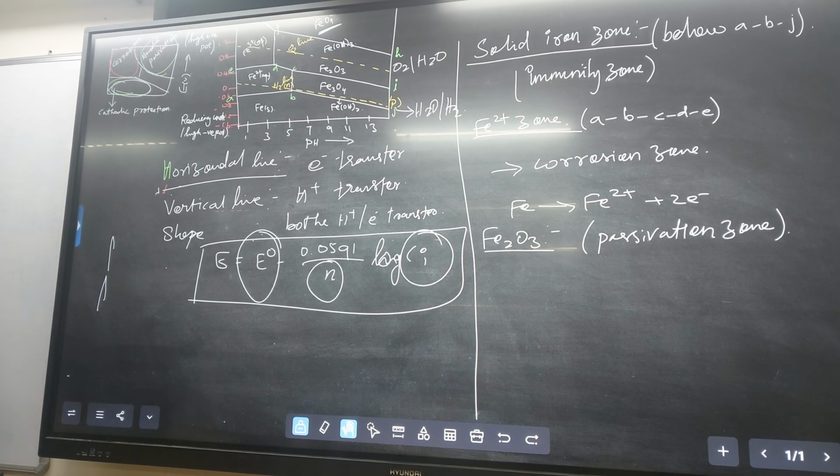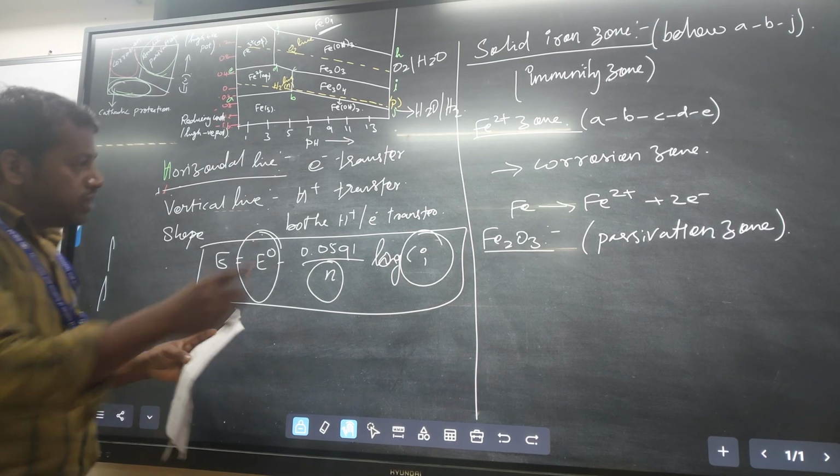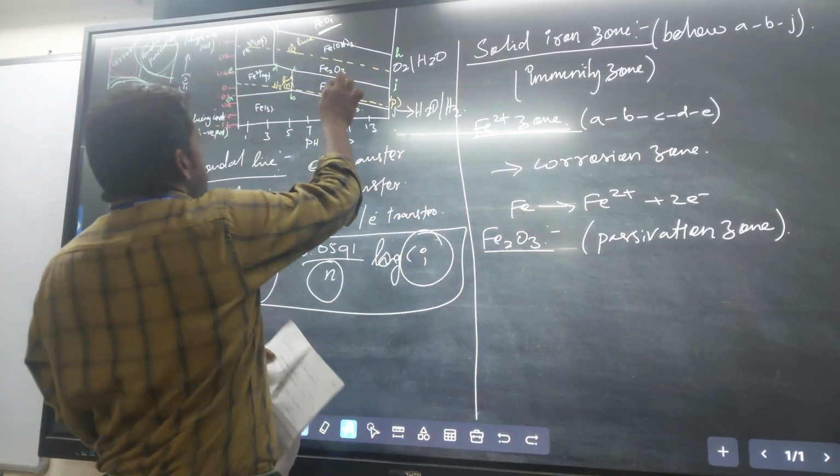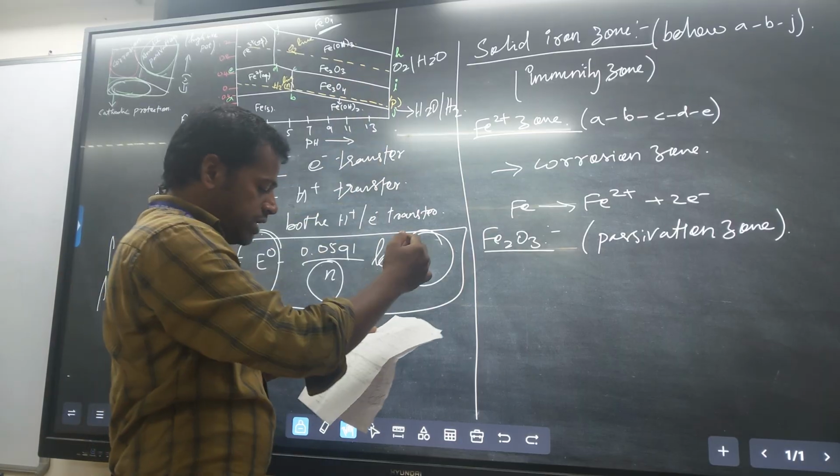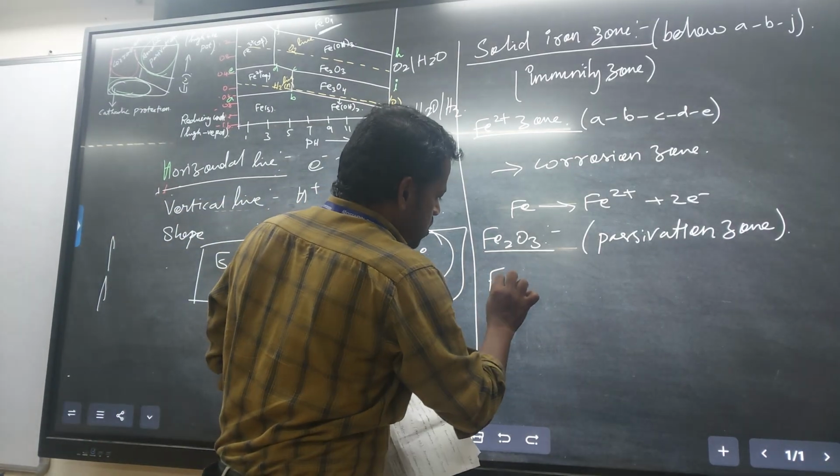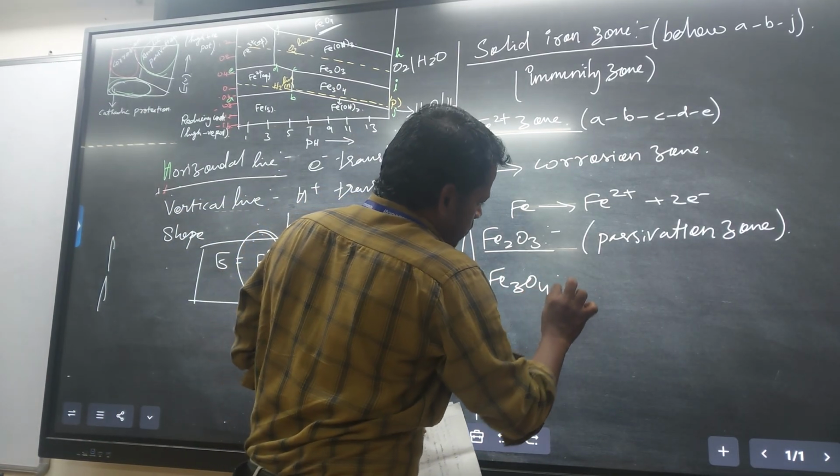This is an important question because definitely they ask the question either in the university exam or else the CT2 exam or both. Next, this is the passivation zone, the Fe2O3 zone, and the next is the Fe3O4 zone.